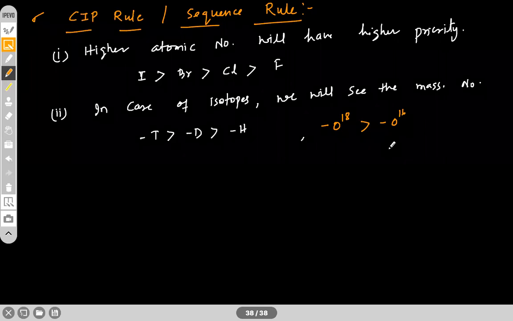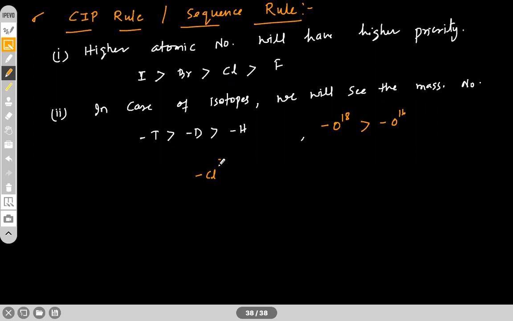Okay. Suppose you have chlorine 37 and chlorine 35. The priority will be more for chlorine 37. Right? Like this, you assign priority for isotopes.